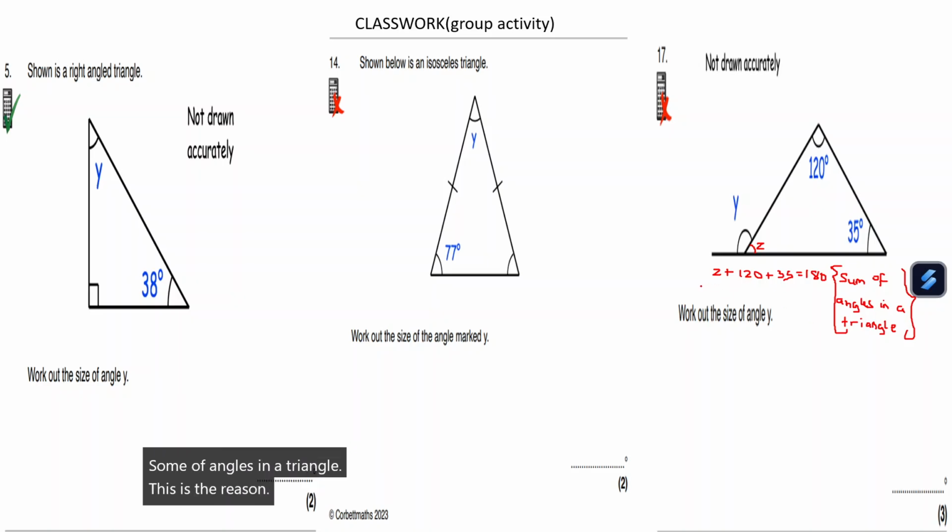So the value for our Z plus, that's 120 plus 35, should be 155, if I'm not mistaken.